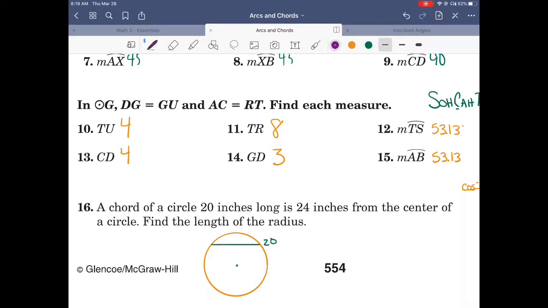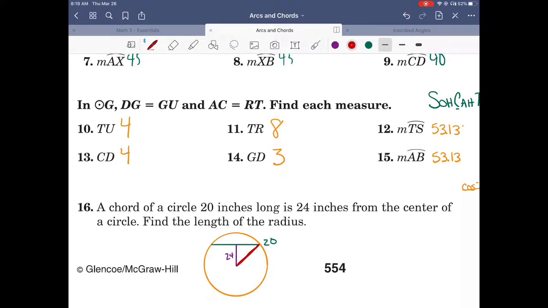It says that it is 24 inches from the center. Here's 24. We want to find the length of the radius. So we want to find how far is it from here to here? Because remember, radius goes from the center to the outside of the circle.